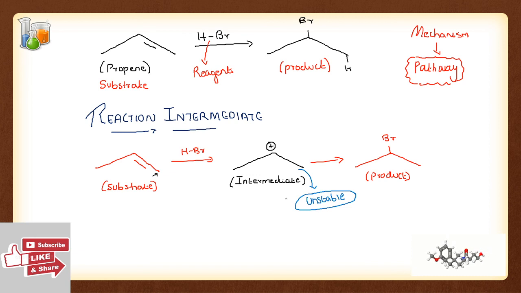So the intermediate has higher energy than the product, because the intermediate is less stable when compared to the product, and that is why as soon as the intermediate is formed, it quickly gets converted into the product, and the product is stable.